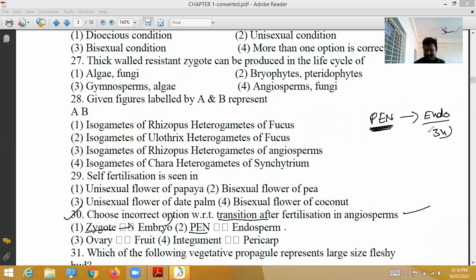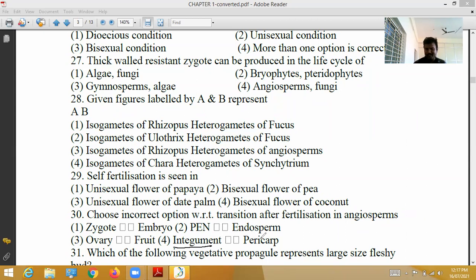It is a triploid condition. It is also correct. Next, the third option, ovary. Ovary gives rise to fruit. The mature ovary is called fruit. Therefore, fruit is defined as a matured or fertilized ovary. It is also correct. So these 3 options are correct, and the 4th option is the incorrect statement.